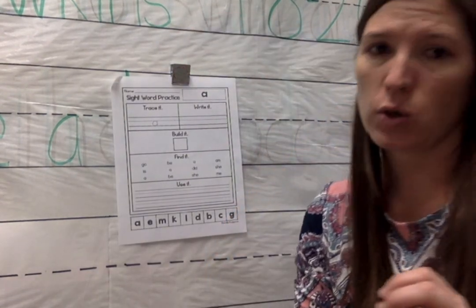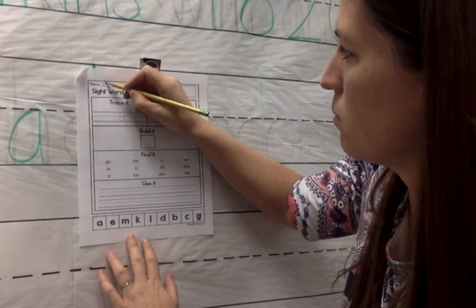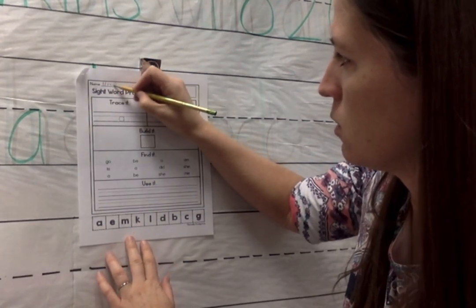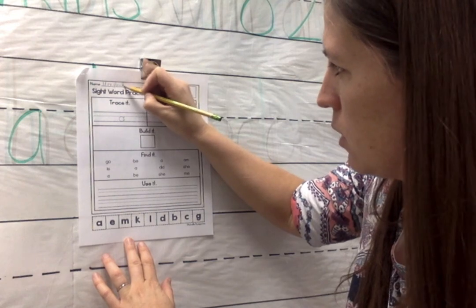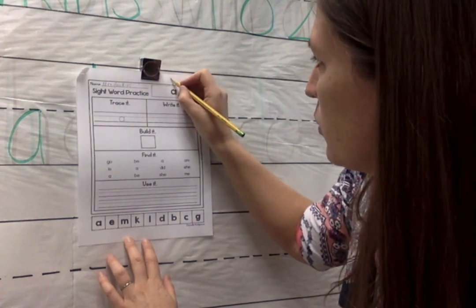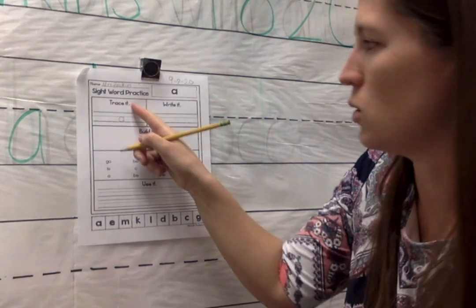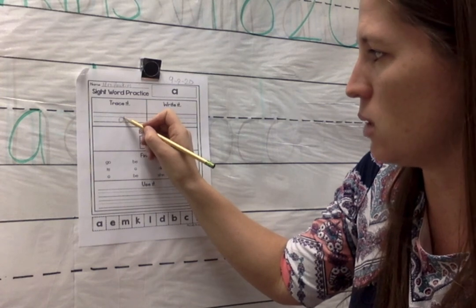Don't forget to write your name. My name is here. This is Hawkins. Today's date is 9-8-20. If I don't have room, I can write it up here. Trace it.